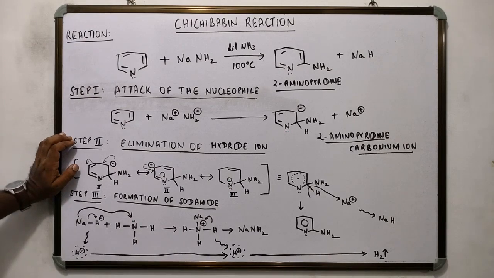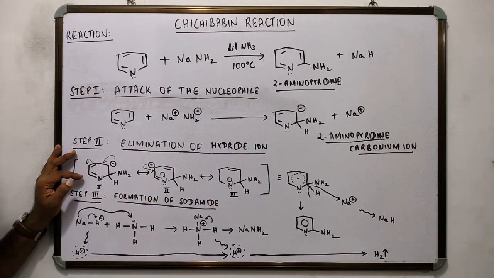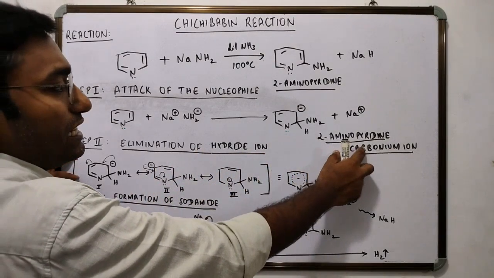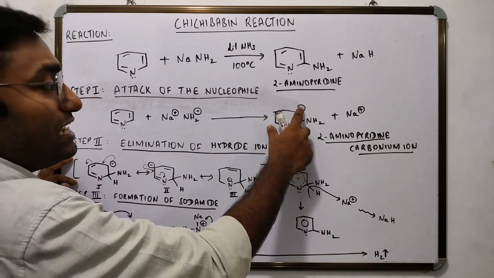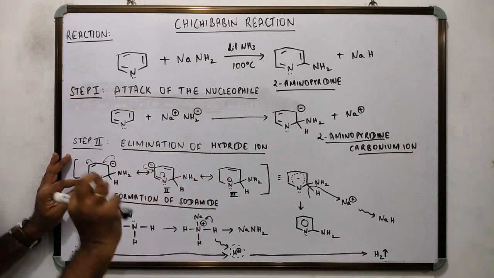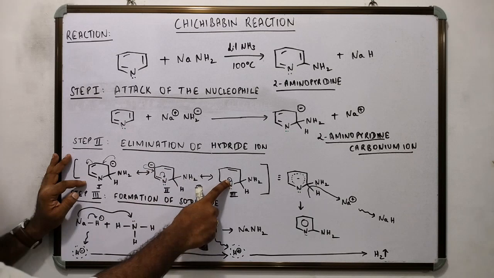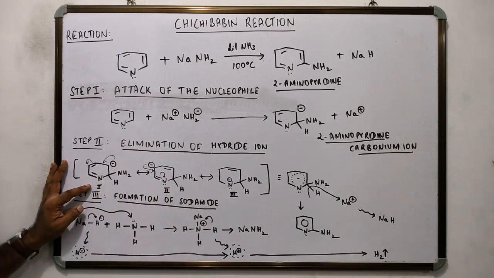Step number 2. Elimination of the hydride ion. The 2-aminopyridine carbonium ion is stabilized by delocalization of electrons at 3 positions, resulting in 3 resonating structures.